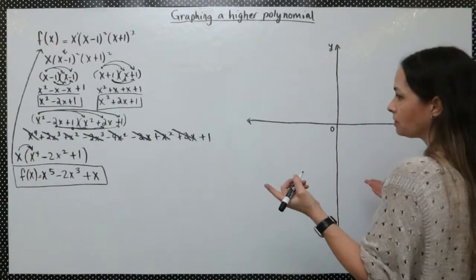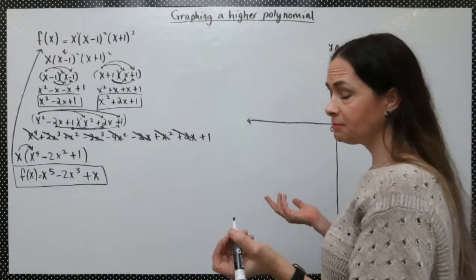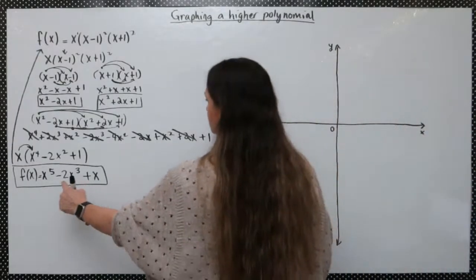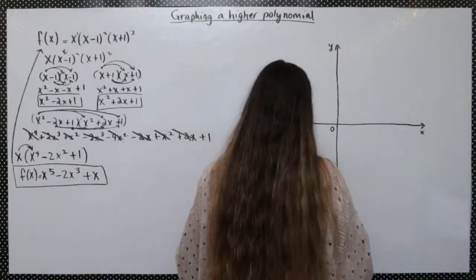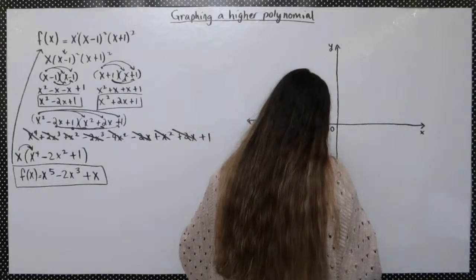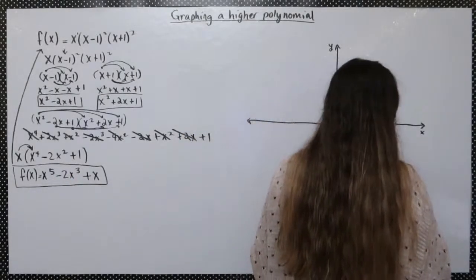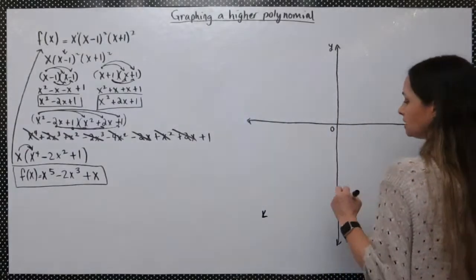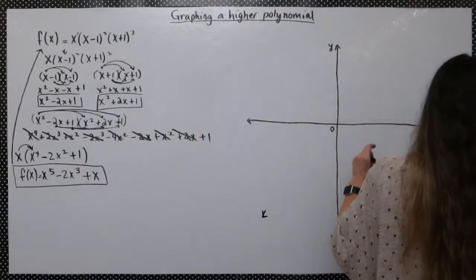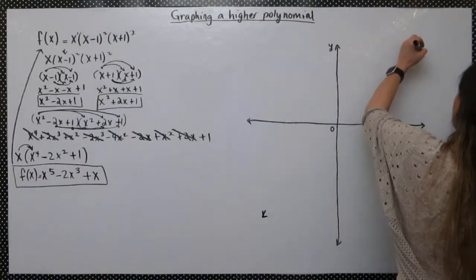Fifth degree polynomials have a specific end behavior. Your leading exponent is going to determine the end behavior of your graph. Because it is an odd function, it has symmetry with respect to the origin.